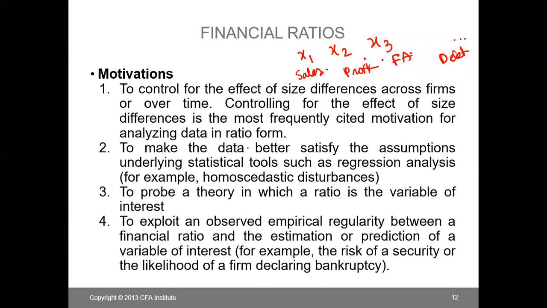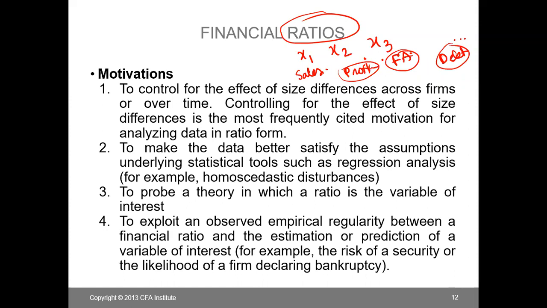But it has been observed when you use this absolute number as a variable in the regression analysis, most often you come up with a regression which does not satisfy the homoscedastic distribution of error terms. So what is the solution? Solution is using the ratio. How?